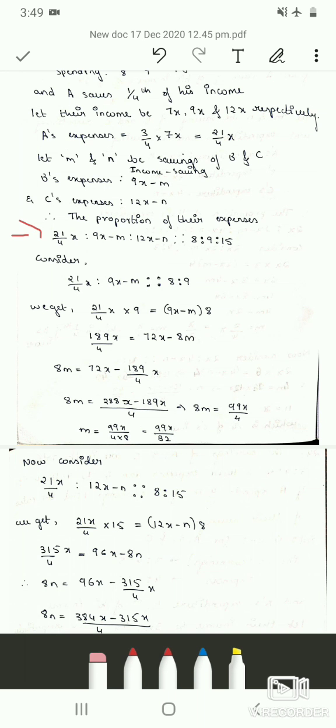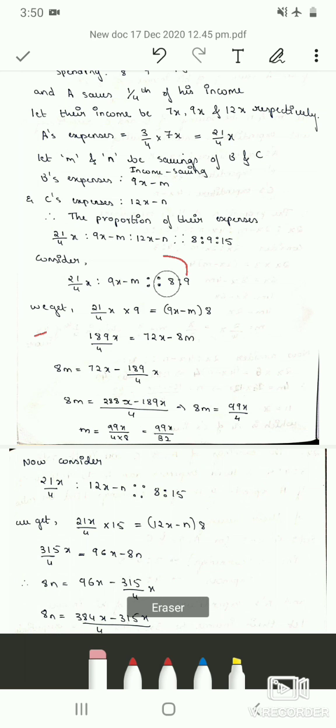So then consider the expenditure of A and B first. So 21/4 into x is to 9x minus M as 8:9. Then take the product of extremes and equate it to the product of means. So you will get 21/4 x into 9 is equal to 9x minus M into 8.